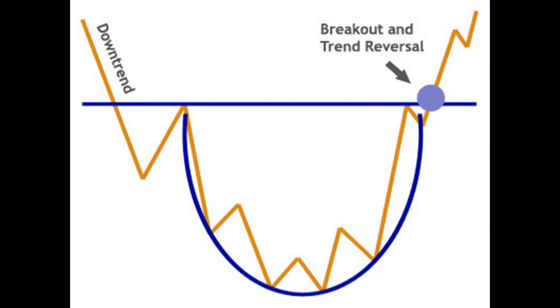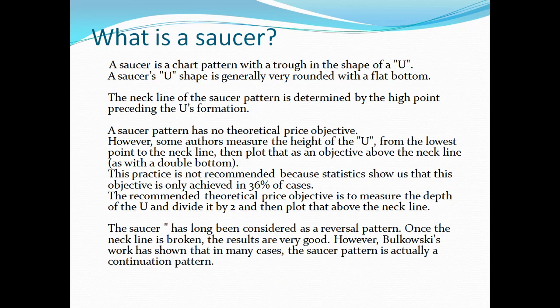The stock is in a downtrend, then it forms a shape. It is not a rounded bottom, it is a different shape, and then it goes for a breakout. You have to draw a trend line or support line, then you can go ahead with it.